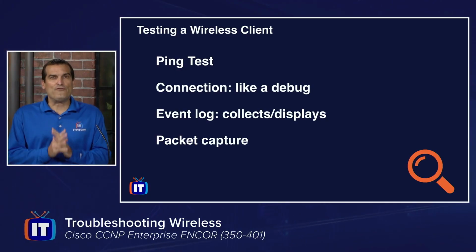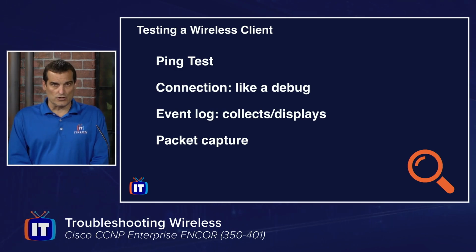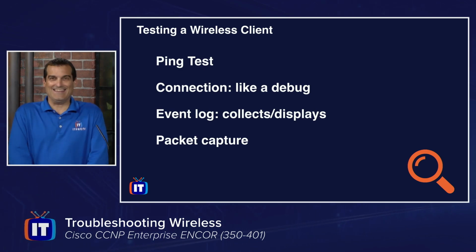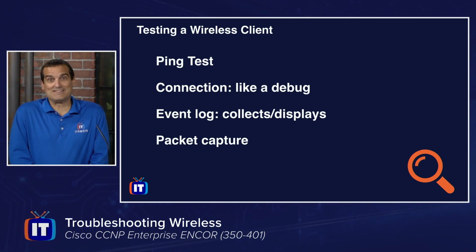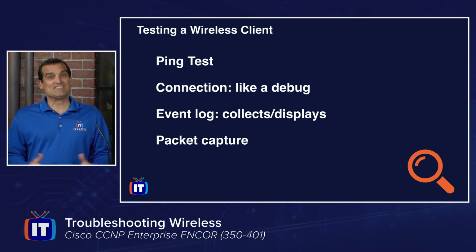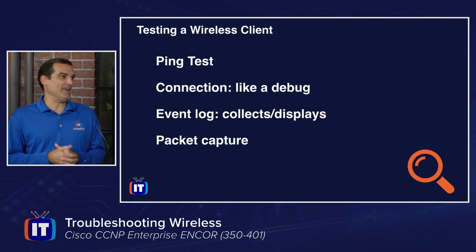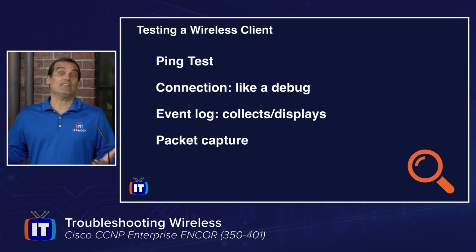And speaking of that, there are 4 tests that you can perform from your wireless LAN controller for different troubleshooting scenarios. And I love the first one. They automate for us the old standard, the ping test. There's just nothing like it, right?